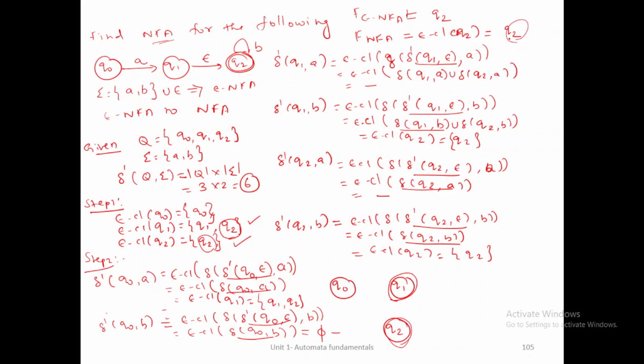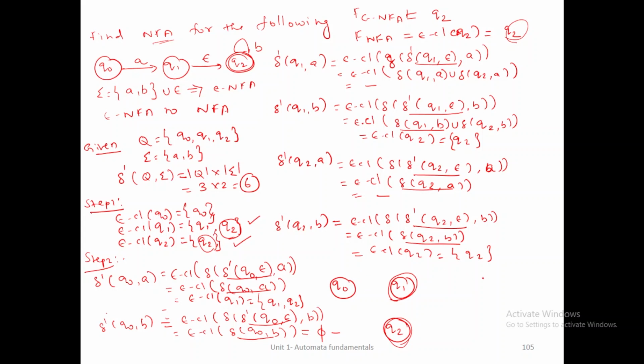You should check this Q2 in step 1 of the final resultant answers. Epsilon closure of Q1 and epsilon closure of Q2 both contain Q2. So we consider Q1 and Q2 as final states, and I encircle those 2 states with a double circle. Is it clear? Then you draw the diagram.